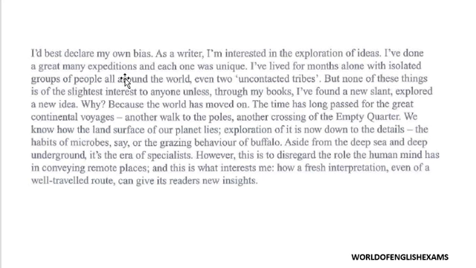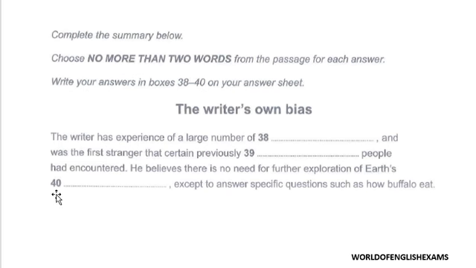Okay, so I have done great many. Great many means a large number of expeditions. So what is the answer for the first question, guys? Expeditions. So now let's read the sentence. The writer has experience of a large number of expeditions. Is it making sense? Yes, obviously. So expeditions is the right answer.